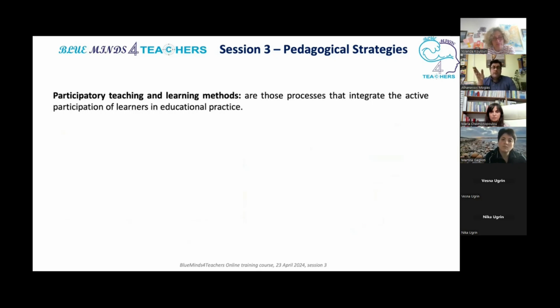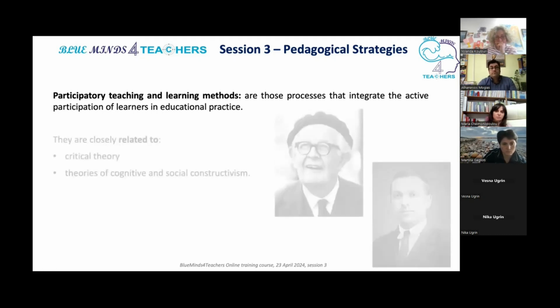Therefore, together we will see and describe some of the most important methodological strategies that can be used in the classroom within, of course, the context of environmental education, of science, and consequently ocean literacy. These strategies are characterized as participatory. And the term participatory means that they integrate the active participation of learners in educational practice.